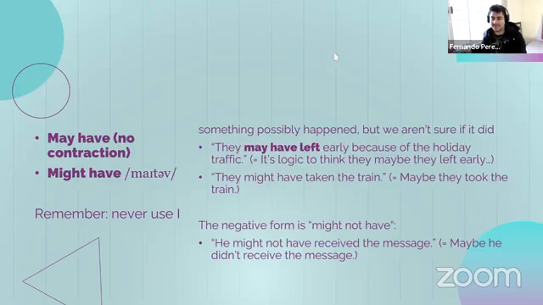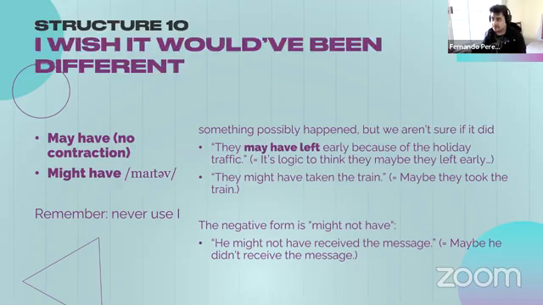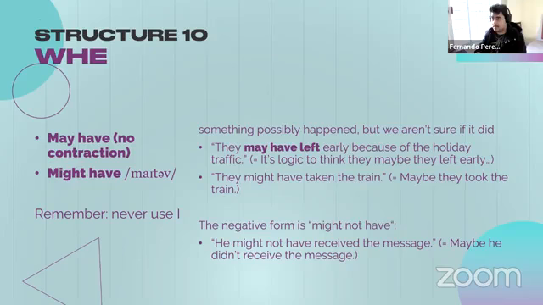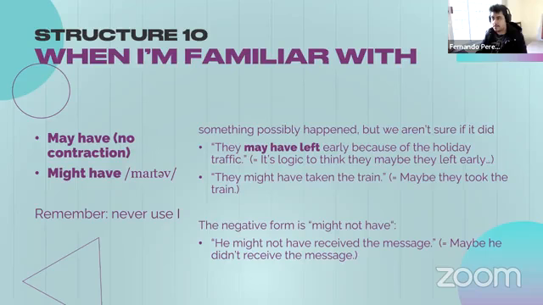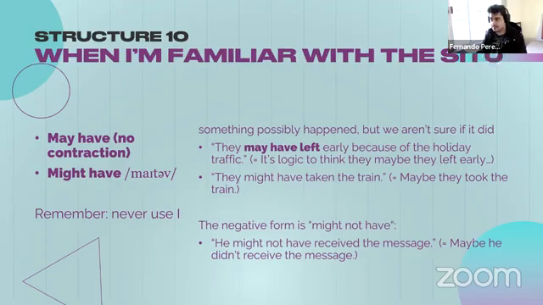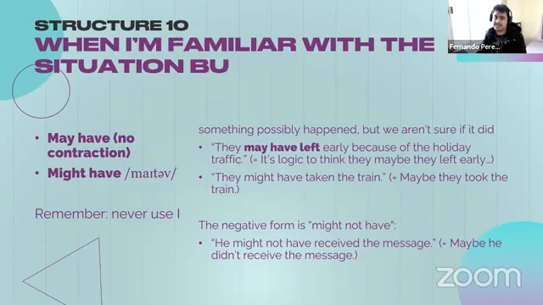Because you know the person, you know what is the usual reaction of the person, the usual behavior of that person. So this particular structure is used when I'm familiar with the situation, but I wasn't present, as you say.